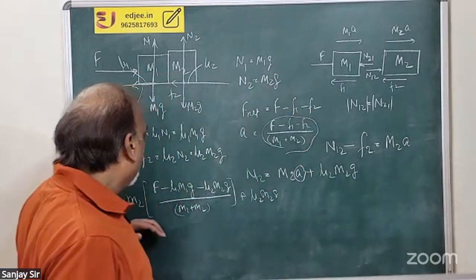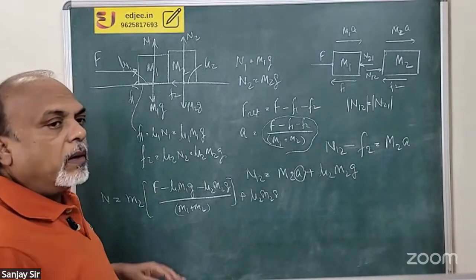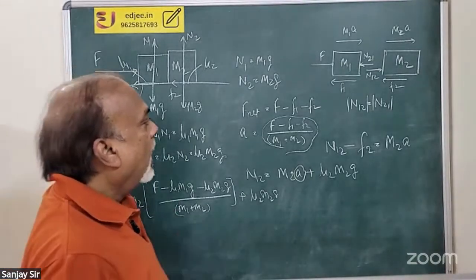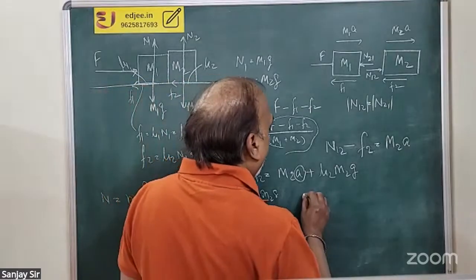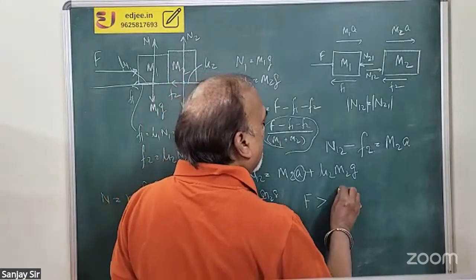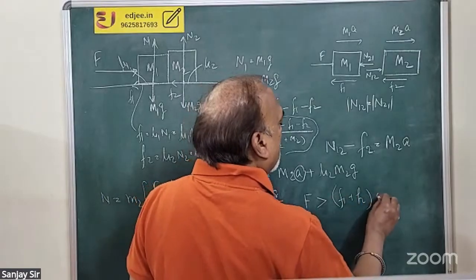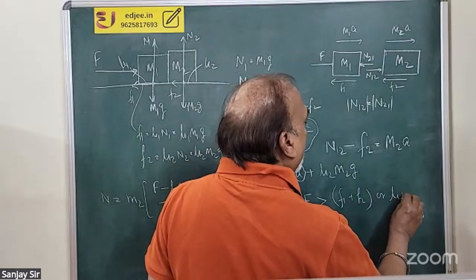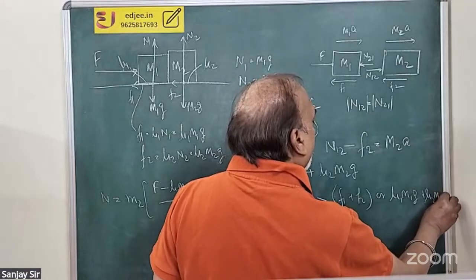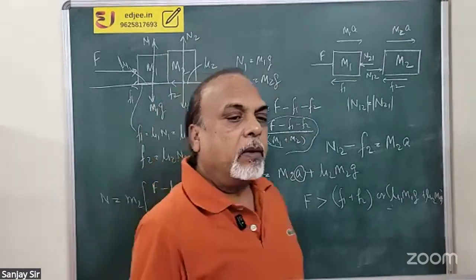This is the normal force acting between the blocks, and the block will move if F is greater than what? F1 plus F2, or mu1 M1 G plus mu2 M2 G. Correct?